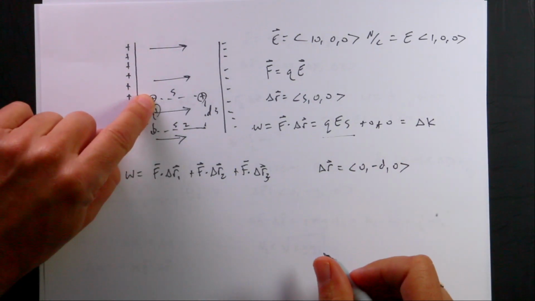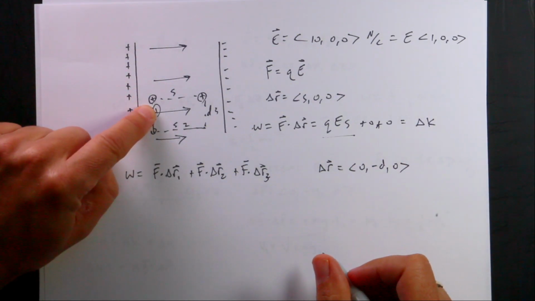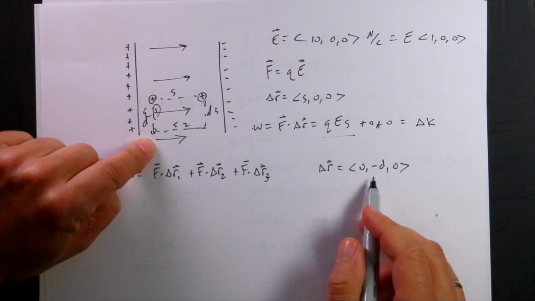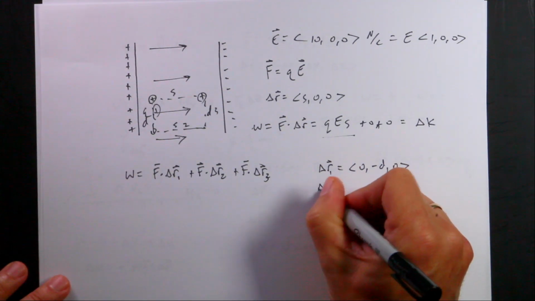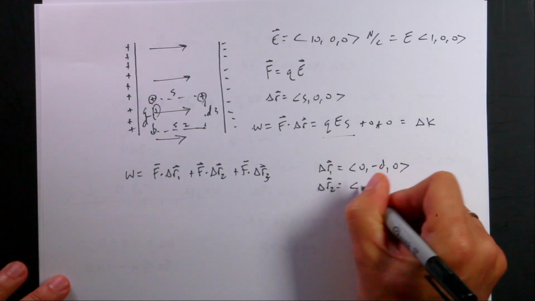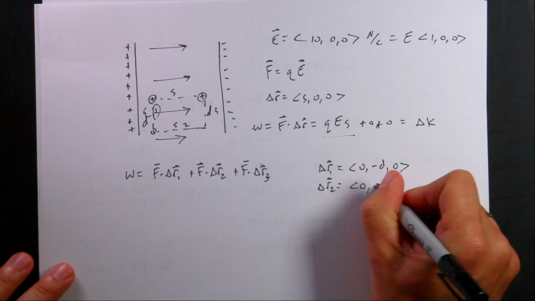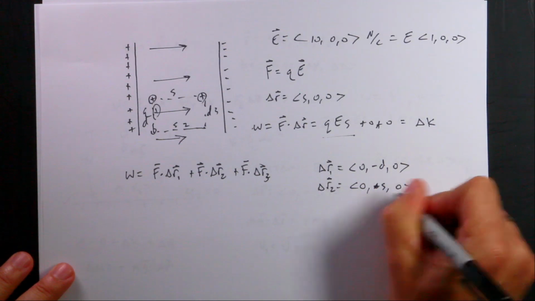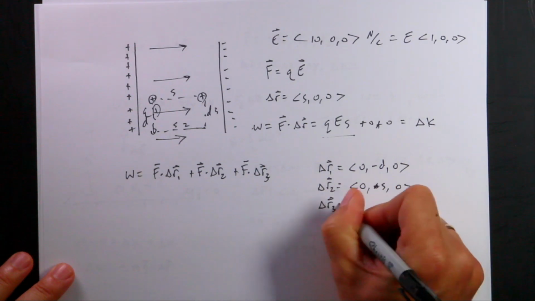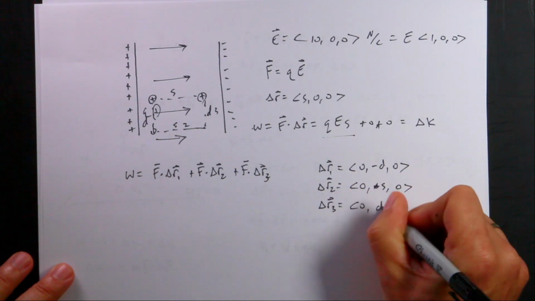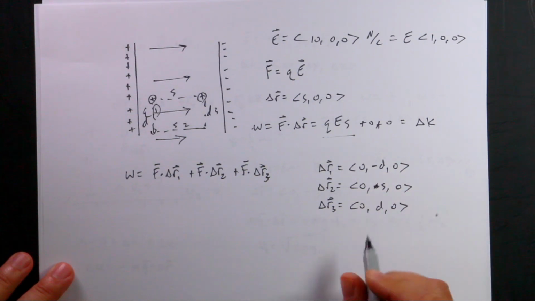Because I'm not moving in the X direction, only moving in the Y direction, a distance down of negative D. So that's my delta R1. Delta R2 is going to be equal to, I'm now going from here to there, so I'm moving over a distance S, so S, 0, 0. And then delta R3 is going to be 0, positive D, 0. I'm going up.